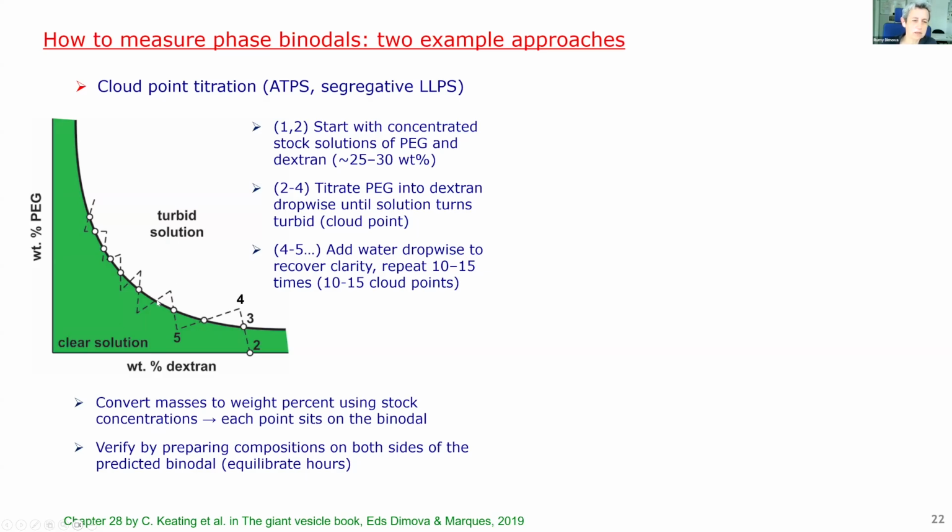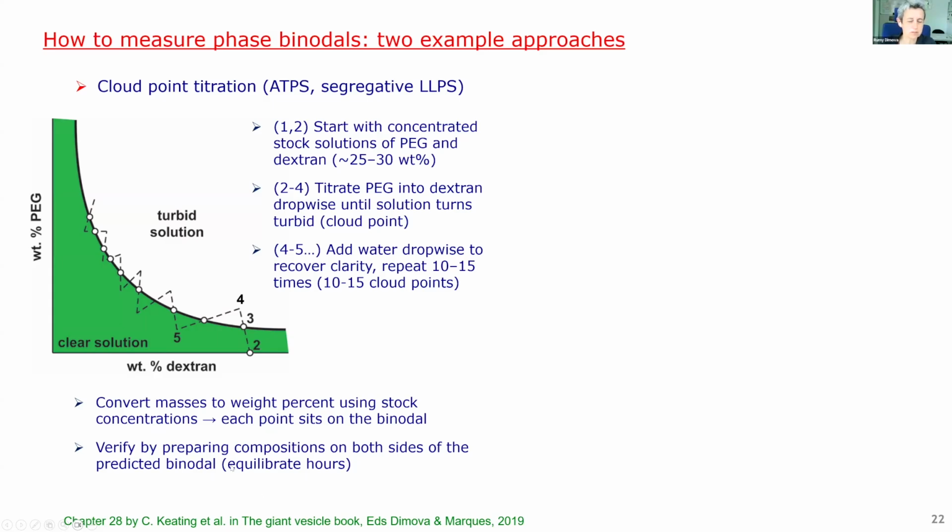And if you go like this several times, you're going to practically resolve this binodal. Then you can, of course, knowing what you are mixing, convert the masses into weight percent and determine each point. And then you can choose a point somewhere here just to confirm whether you have a phase-separated solution as a verification.